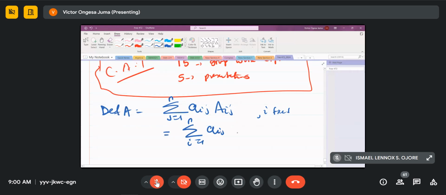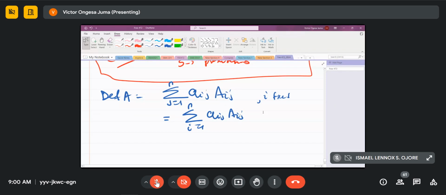Basically, you can do cofactor expansion along the columns or along the row, any row or any column of your choice, where the capital A_ij are called the cofactors of an element.